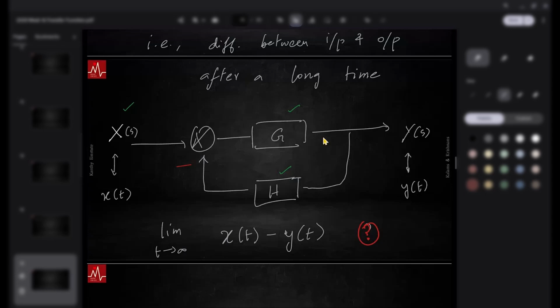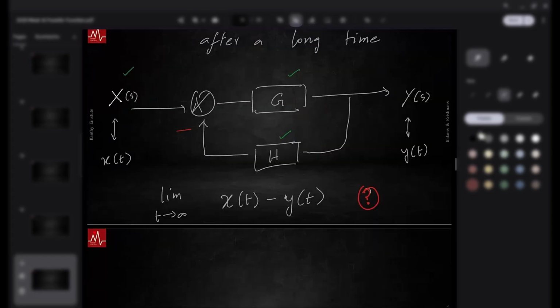So let's see what we have so far. Y by x is g by 1 plus gh, right?